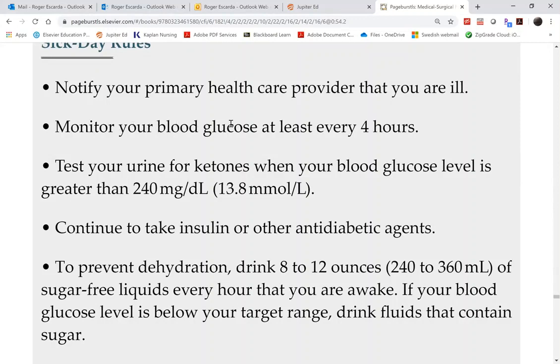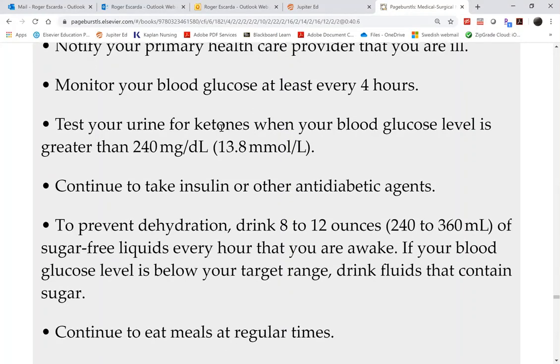So you continue monitoring your blood glucose, maybe a little bit more frequent than you used to. Let's say if you're only used to taking your sugar 4 times a day or 3 times a day, maybe increase it to up to 6 times a day now. Test your urine for ketones.